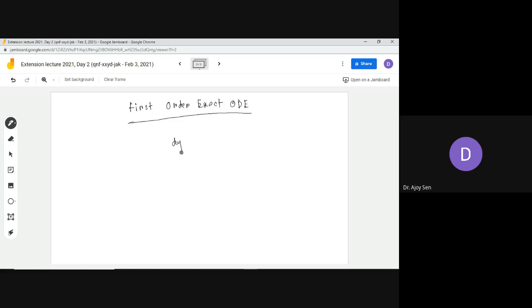We have this kind of differential equation, and let's assume that you can write this function somehow, we can manage it in this way.